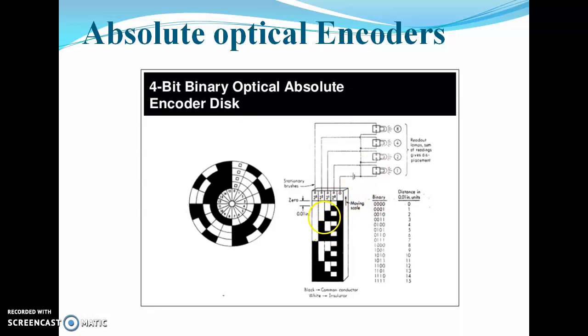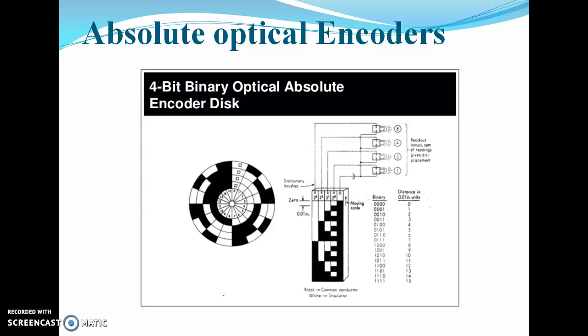Likewise, here you can see the output, which will be in binary format. We will get 4 bits here. They are either 0 or 1, since they are binary.